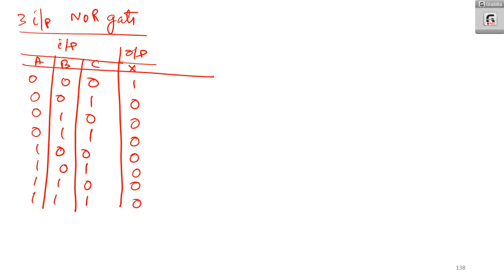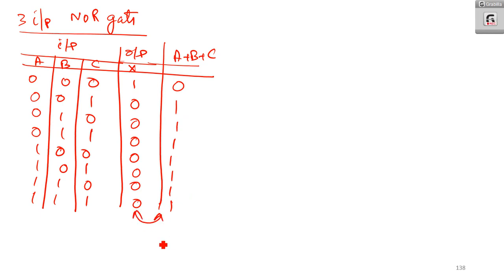Now if you are writing the OR operation like A or B or C, how will you get? 0 0 0 0, and this is 1 1 1 1 1. 1 or 1 or 0, it is 1. 1 or 1 or 1, it is 1. So if you are comparing these columns, you can see that X is equal to A or B or C, the whole bar.